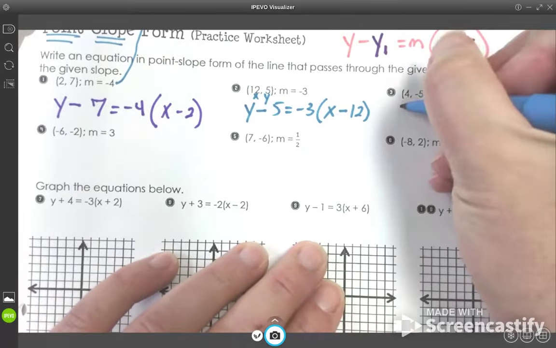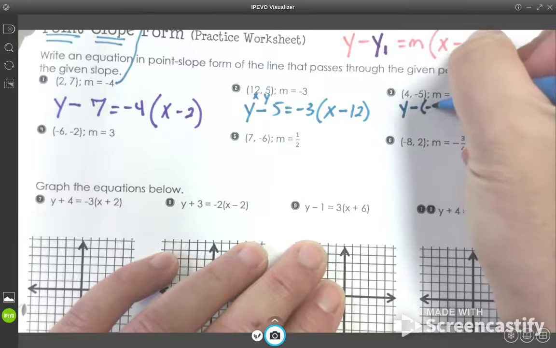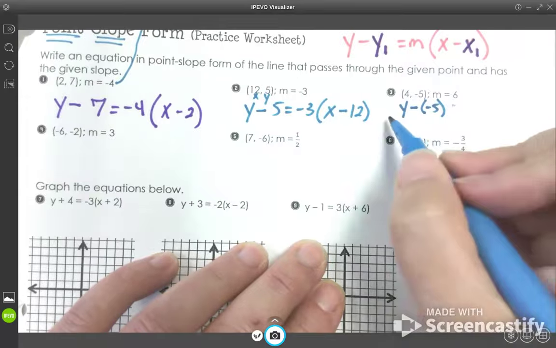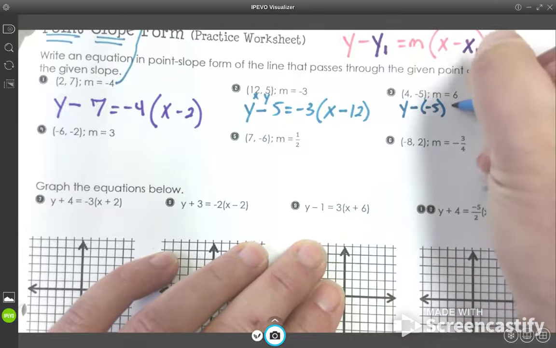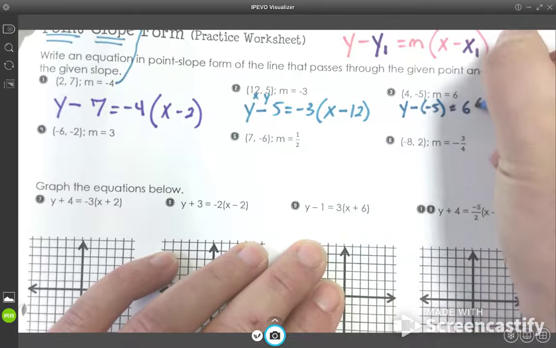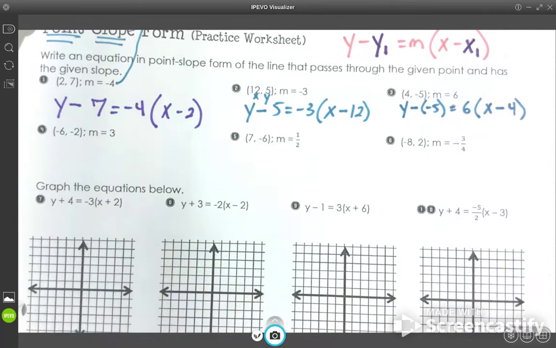So number 3, y minus my y coordinate. At first, I'm hoping you either thought or wrote it like this: y minus the y coordinate equals the slope times x minus the x coordinate. Totally good, totally fine, totally acceptable.